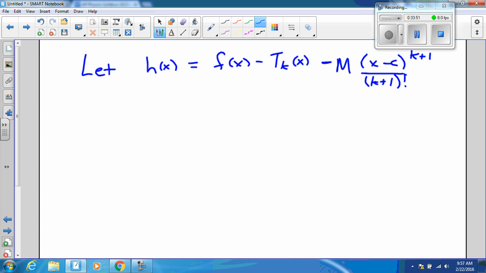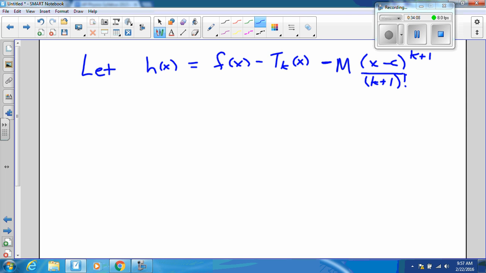I'm going to add on this fudge factor right here, M times (x minus c) to the k plus 1 over (k plus 1) factorial. You may wonder why, but you'll see why when we start taking derivatives.